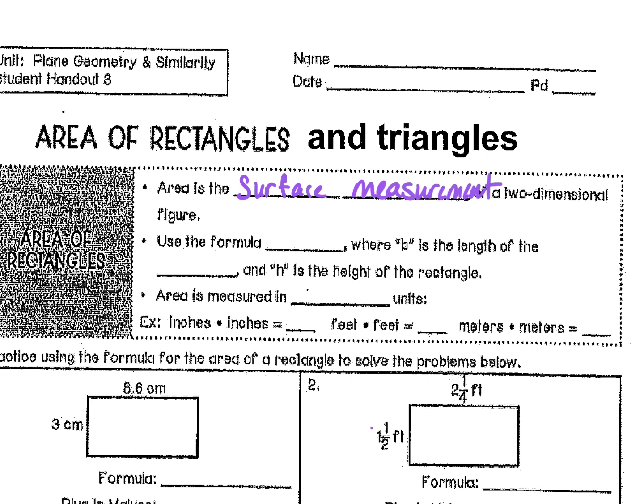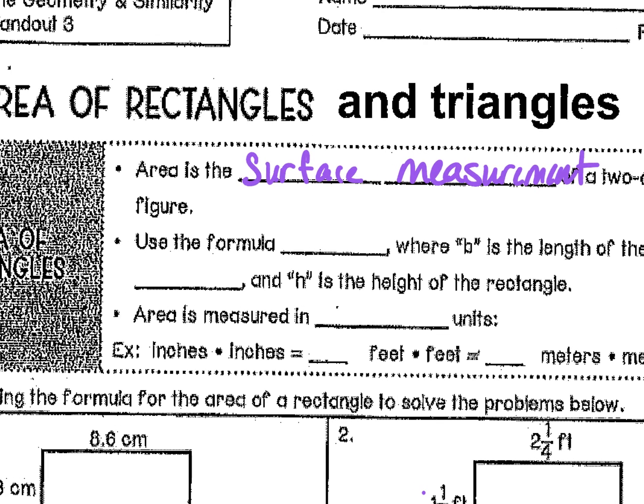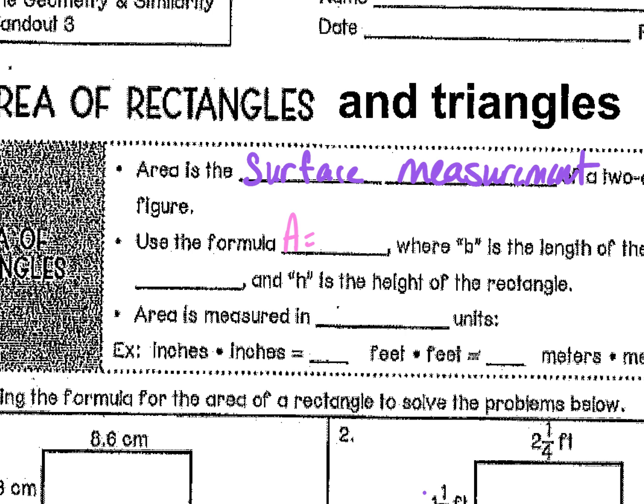Okay, we're going to use the formula A for area is equal to B times H. And remember, in the middle there is multiplication. We don't write it though, but we know it's there. Where B is the length of the base and H is the height of the rectangle.